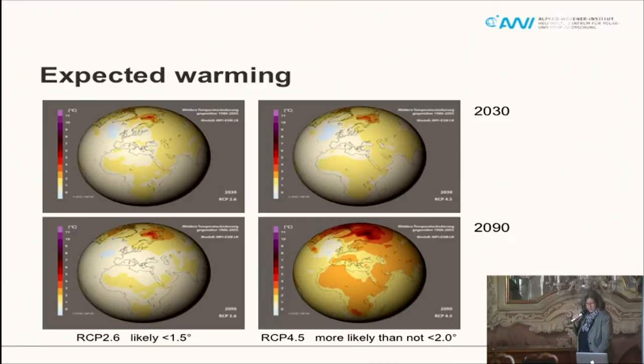If you look further, you could take a look at the projections of the surface temperatures, and all those projections do not include very good ice models. But still, if you look at RCP 2.6, which is likely below 1.5 degrees, or RCP 4.5, which is more likely than not to be below 2 degrees, and you take a look at Greenland here, you see that in all cases and at all times, so 2030 and 2090, it is Northeast Greenland which is facing most of the warming signal.